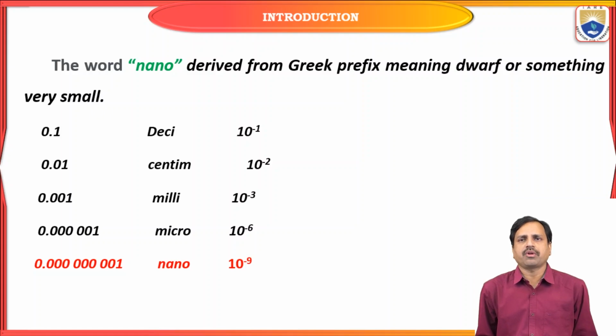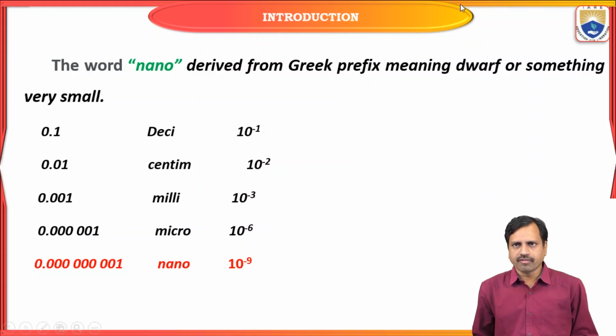And for our materials, 0.000000001 will be called nano. The prefix will be nano, and 10 to the power of minus 9.